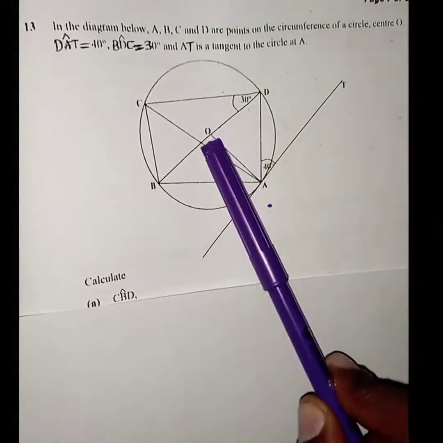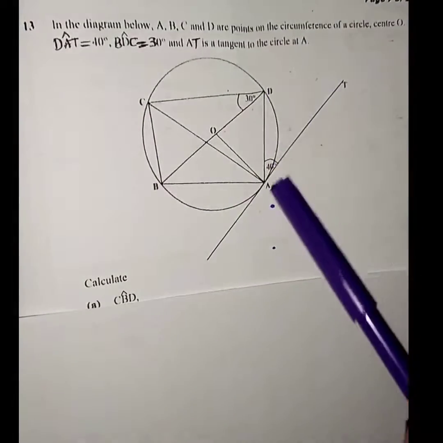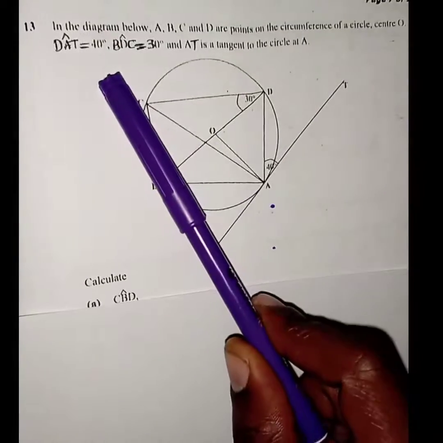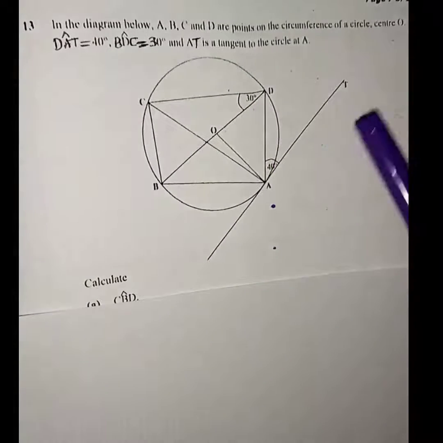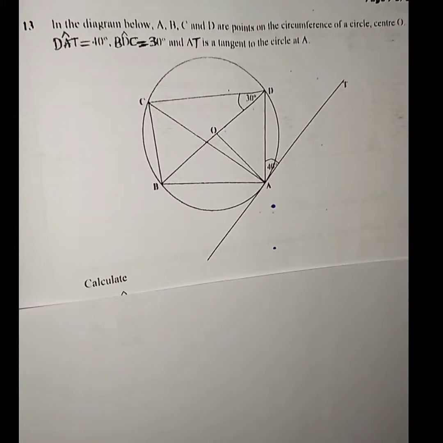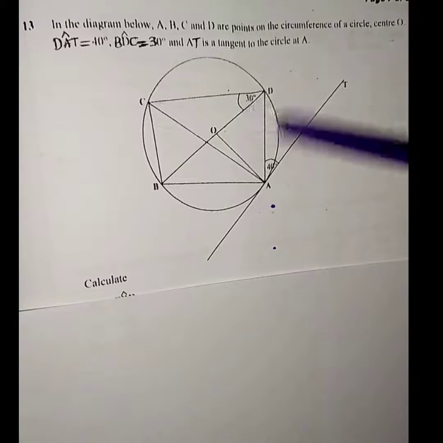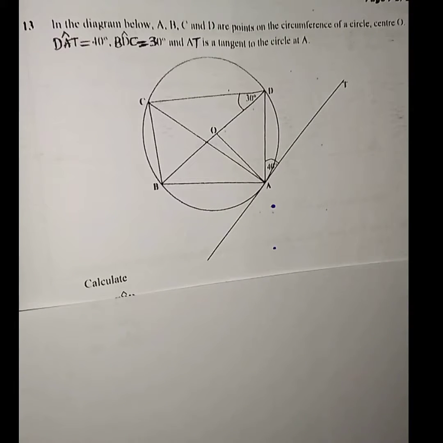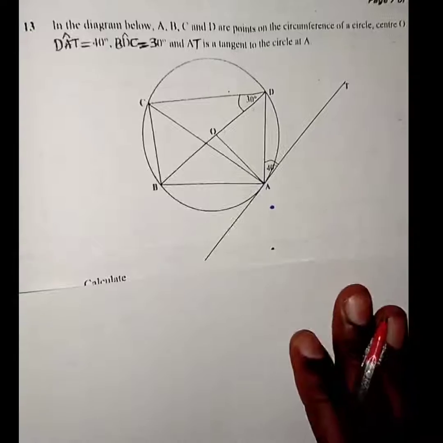Center is at O. Angle DAT is 40 degrees, and angle BDC is 30 degrees, and AT is a tangent to the circle at A. So now take note that we can begin to fill in some angles here before we even read further what they want us to do.